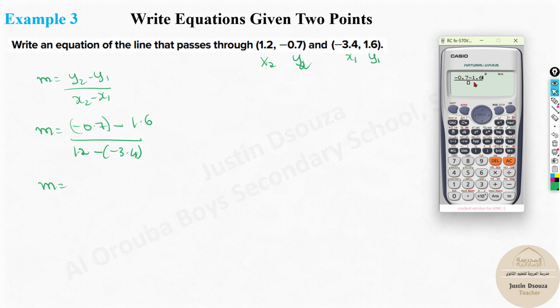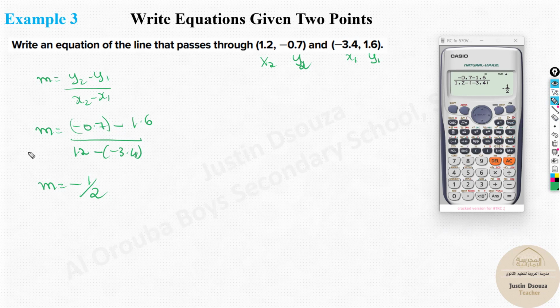Minus 1.6, this is going to be 2.3, and then what do we have? 1.2 minus bracket again, minus 3.4, close the bracket, and the answer would be negative half. So it's negative 0.5, or you can just write it as negative half. That's fine. Let me just write it over here. M is negative 1 by 2. This is the answer.